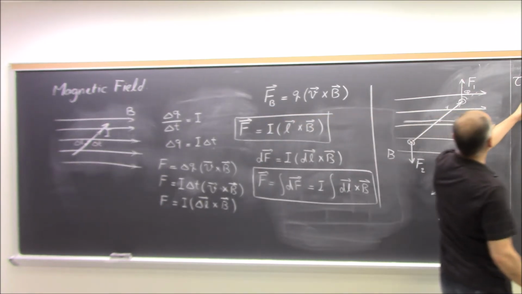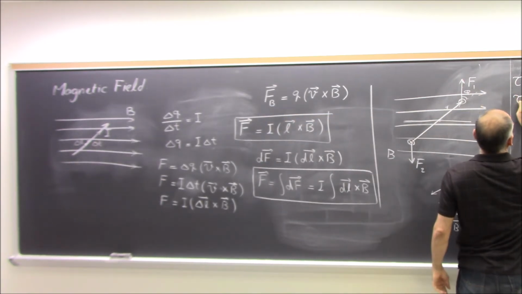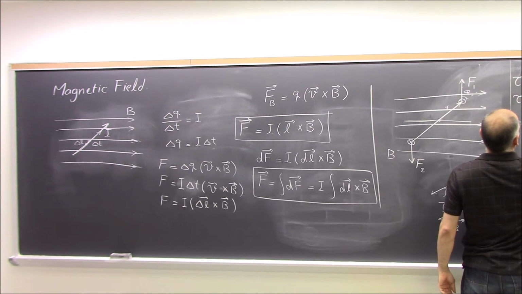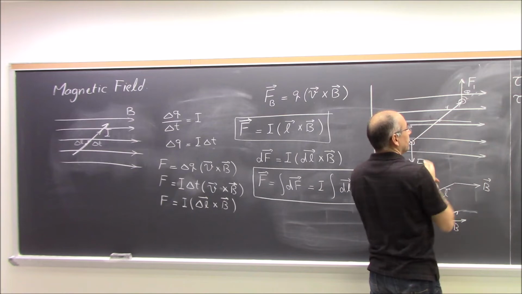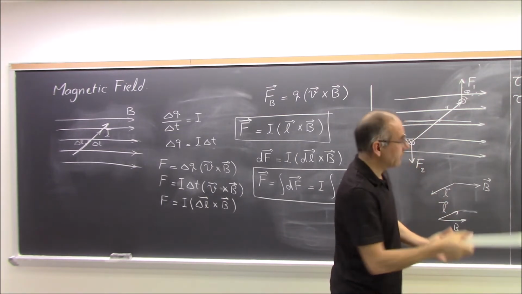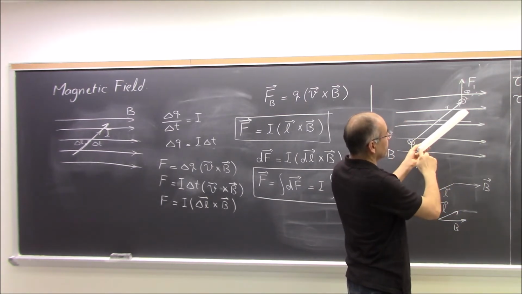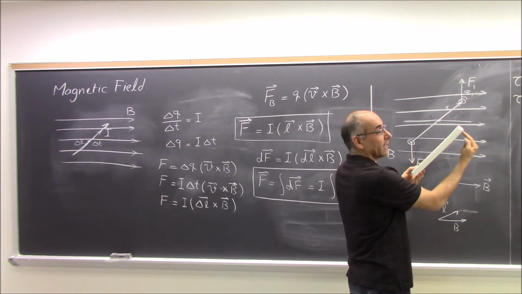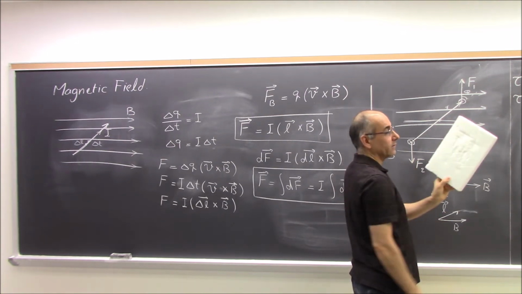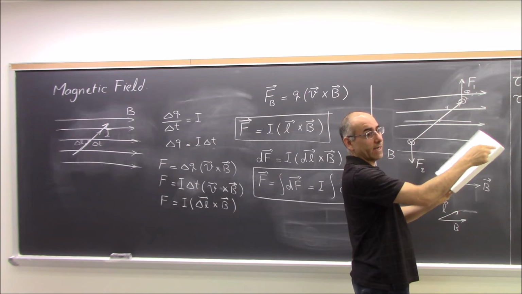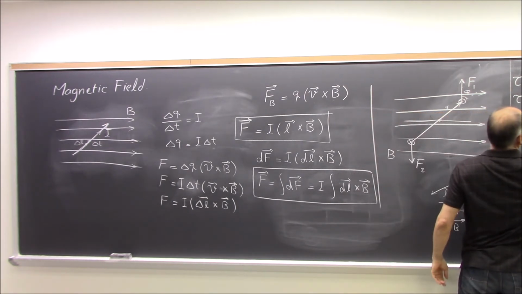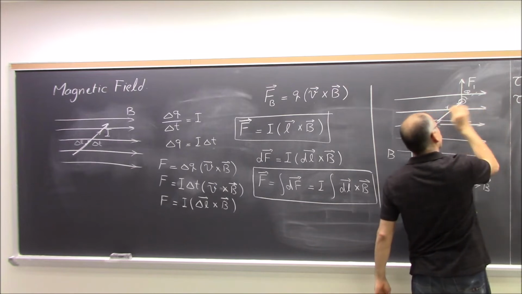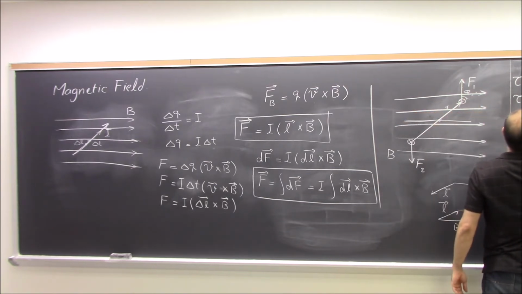So you can say the torque tau 1 is F1 times R, which is, let's say, if this side is B and this side is A, so the board has the dimensions A and B, it will be F1 times half of B, this distance from here to here, times sine of phi, which is this angle.